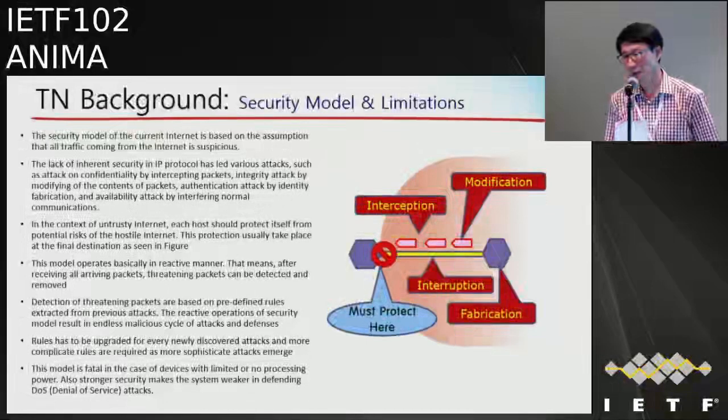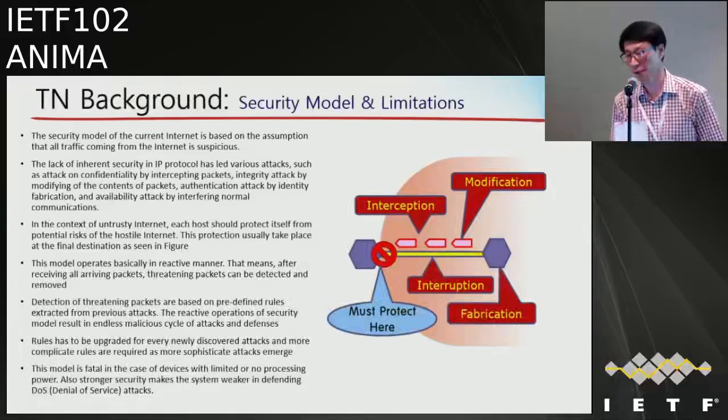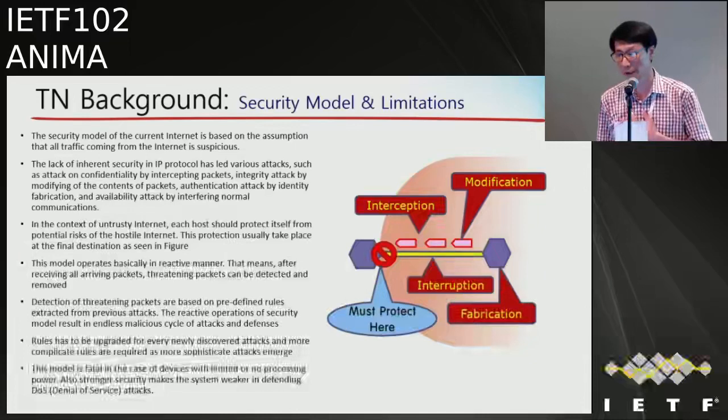So this is the motivation. I have introduced the current security model and some of its limitations in this slide. As you can see, the security model of the current internet is based on the assumption that all traffic coming from the internet is suspicious.